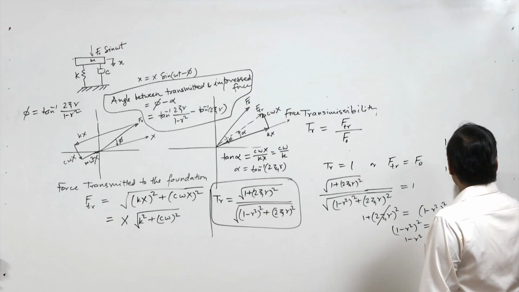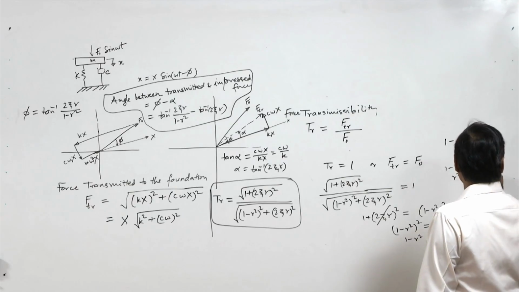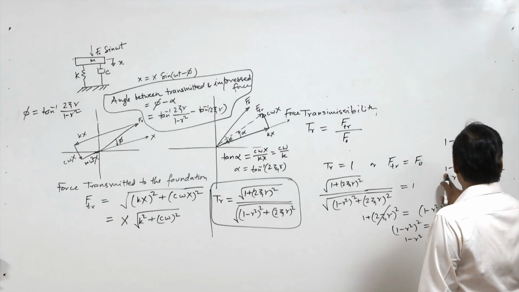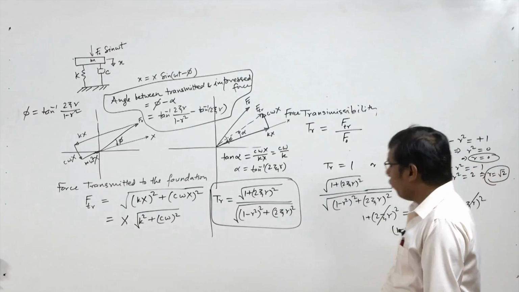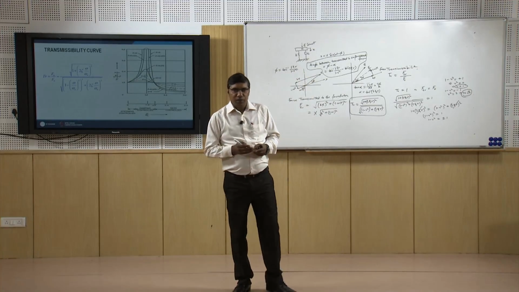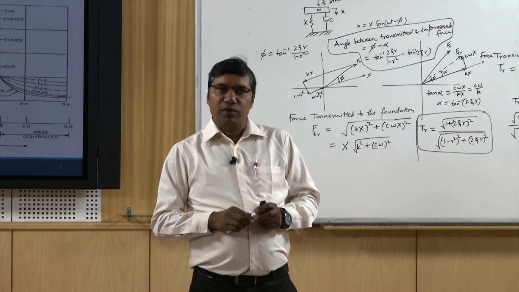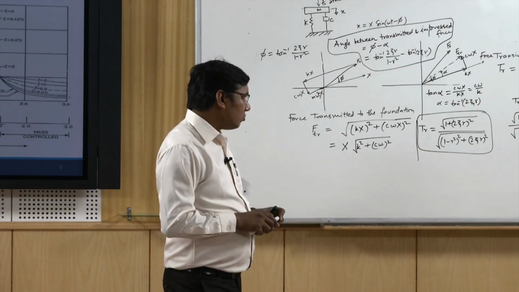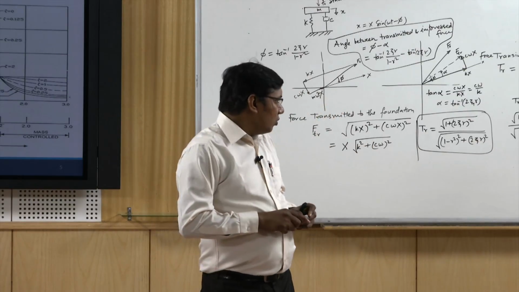When we take 1 minus r square equal to minus 1, we get r square equal to 2, which means r equals root 2. So we are getting two values of r when the same amount of force will be transmitted to the foundation as is impressed on the system, that is F_tr equal to F_0, and that is r equal to 0 and r equal to root 2.